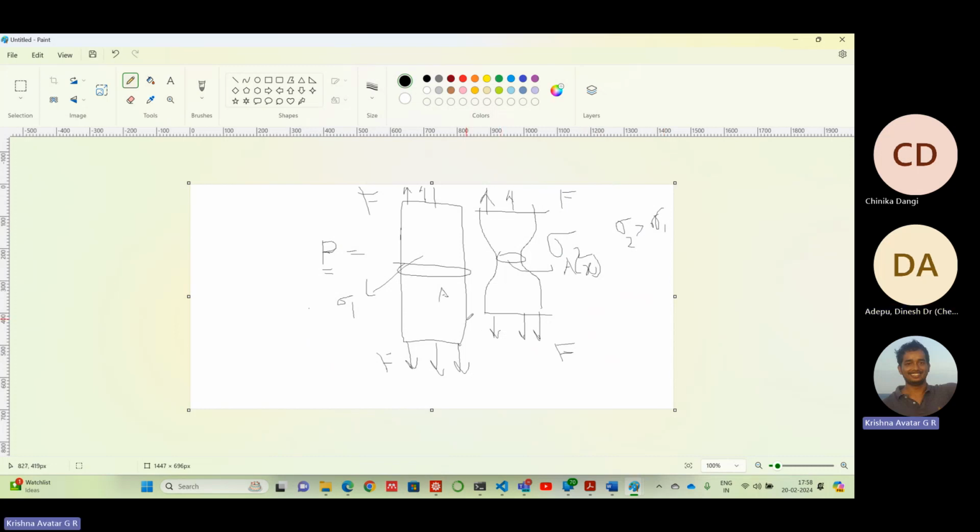Essentially, when we are drawing the stress strain curve, as we see in the classical literature, they define some stress versus strain.